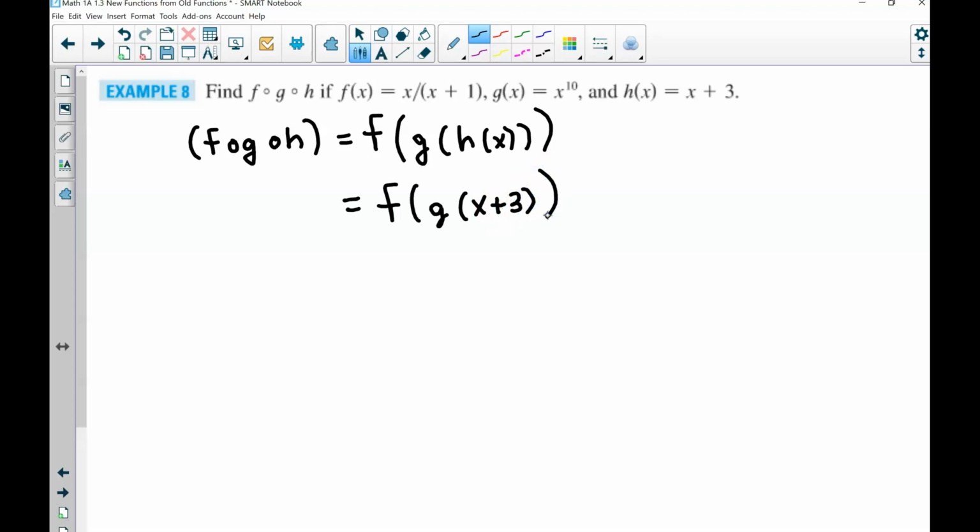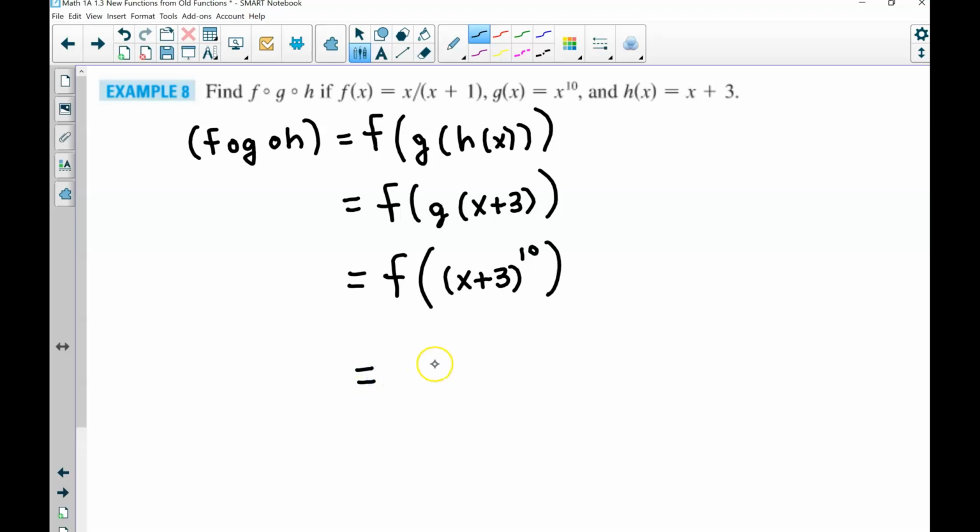And since that becomes the input on the function g, then that would be f of x plus 3 to the 10th power. And then now that becomes the input on f.